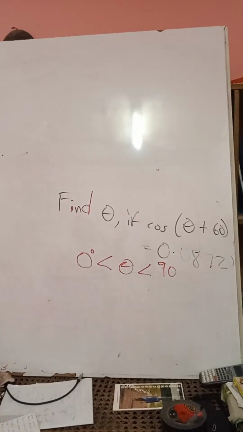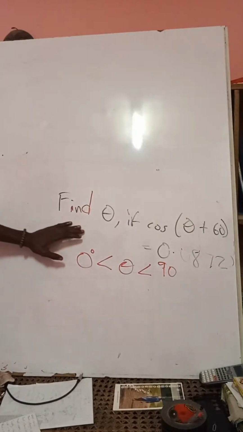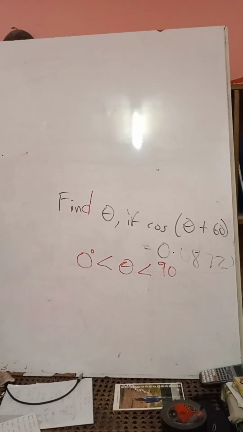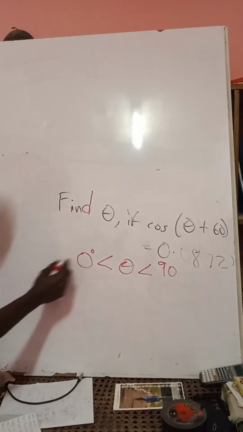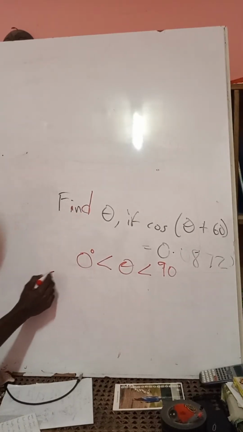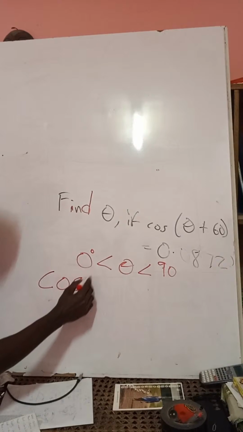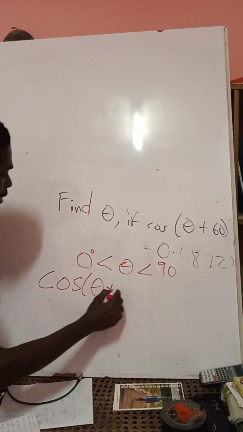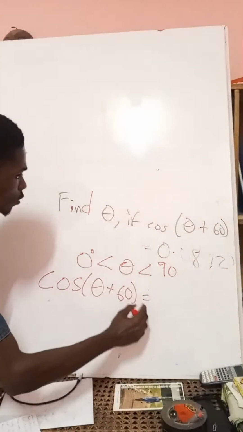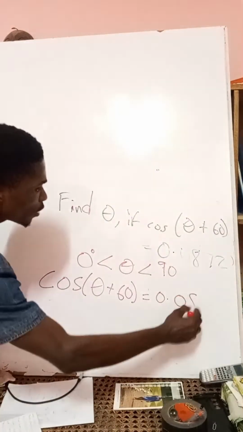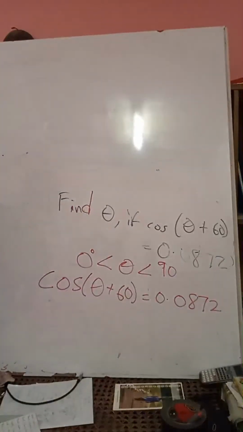Let me teach you how you can find this one easily. With this one, you see that when you say inverse of something, it means 1 out of something, right? So here is the case that you have cos theta plus 60 to be equal to 0.0872, right?